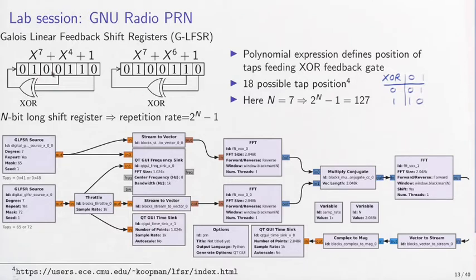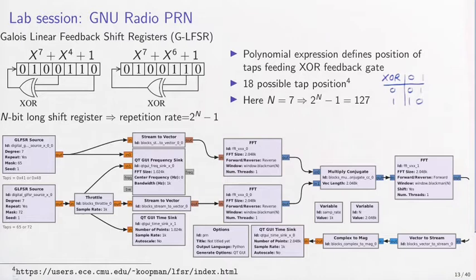We have tap positions 7 and 4, and tap positions 7 and 6, and by expressing these as a polynomial expression, the algebra of polynomial division allows us to demonstrate that the sequence will never repeat before 2 to the n minus 1, with n equals 7, that's 127.